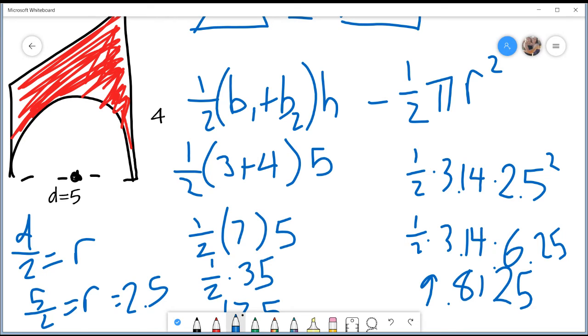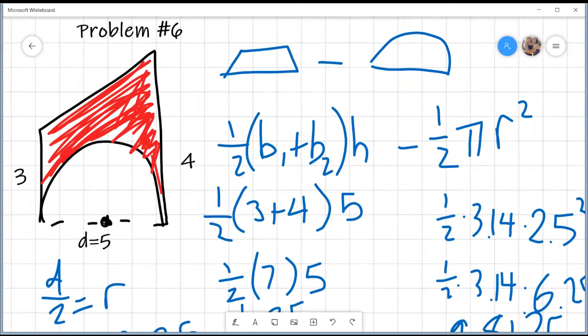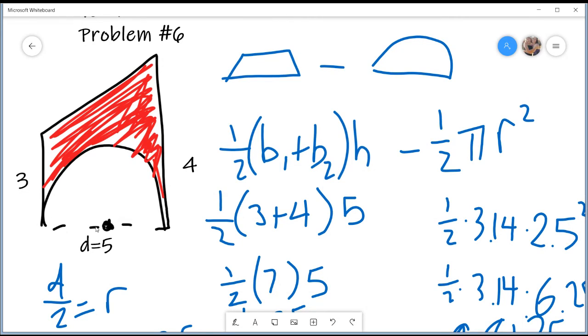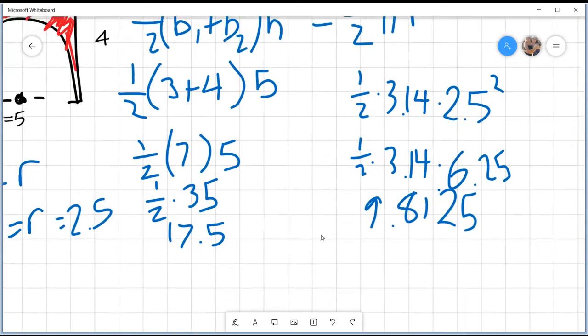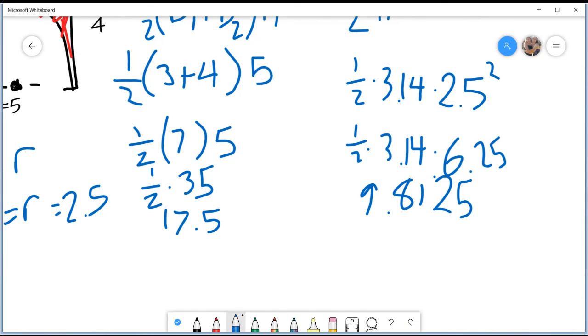So that's the area of the half circle that we took out of the trapezoid. So the trapezoid, remember, is the entire shape here, but it has a chunk taken out of it. And since it has a chunk taken out of it, when we take our two numbers, we're going to subtract them. We're going to take the whole trapezoid and subtract the chunk that we took out of it.